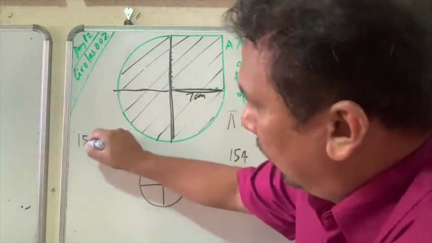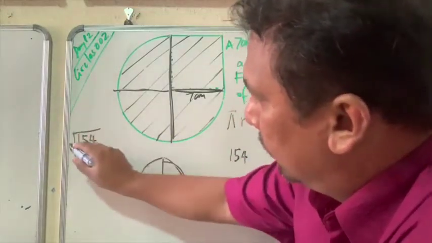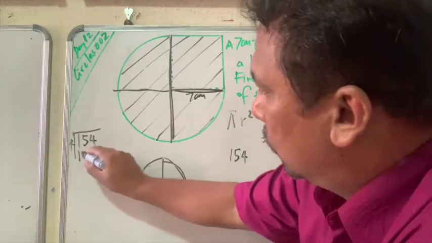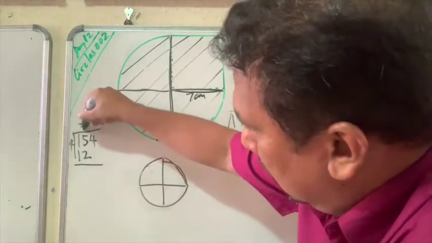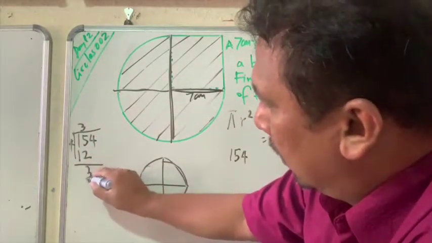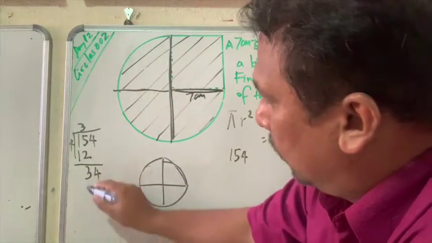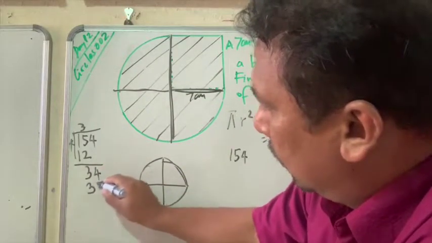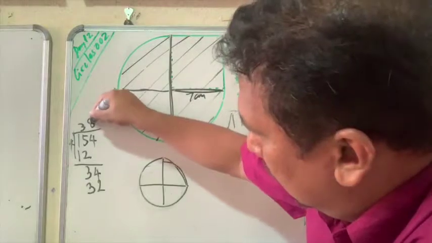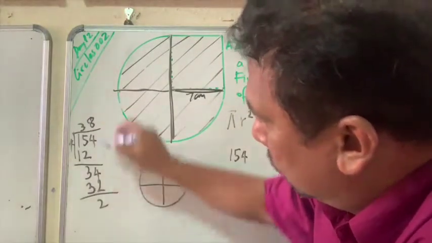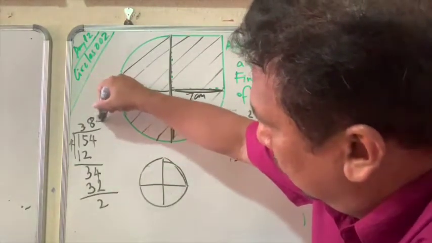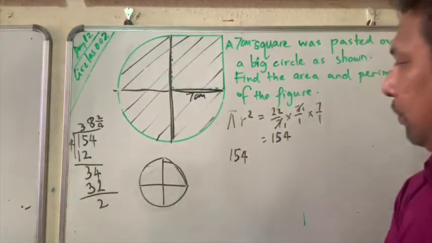Okay, dividing it by 4, you get, let's see, 12. You get 3 here. Then bring the 4 down, you get 32, 38. You get 38, and then some balance of 2, which is actually 2/4, the same as half.